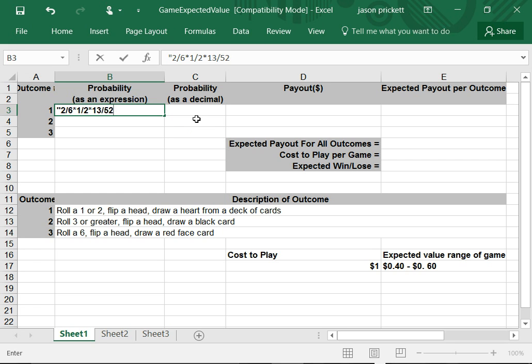So there's our expression. Now, the probability as a decimal is actually the calculated probability of having all those things happening. So that means the probability of such would be 2 divided by 6 times 1/2 times 13 over 52, which is really just the same as 1/4.